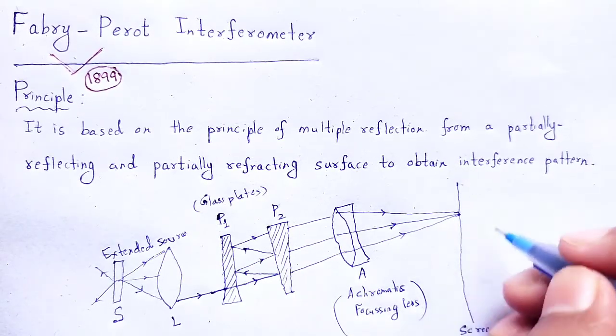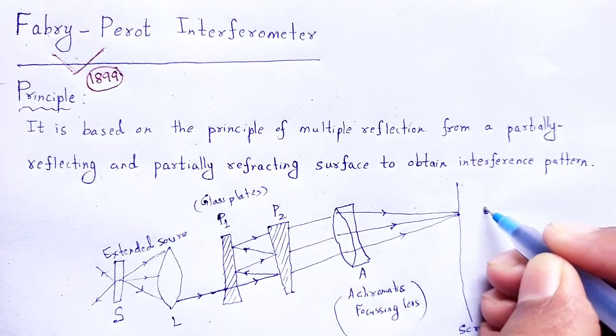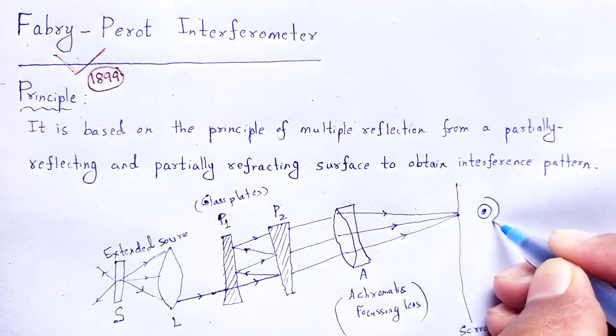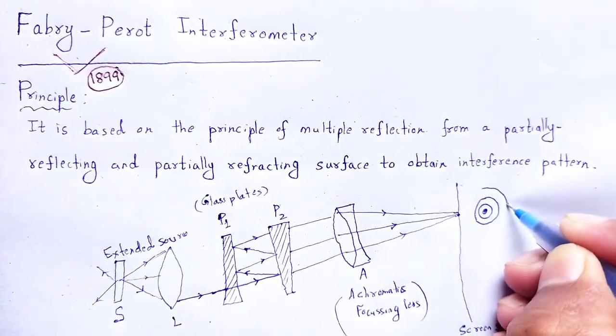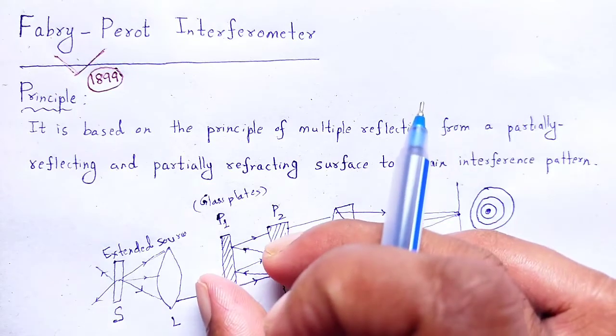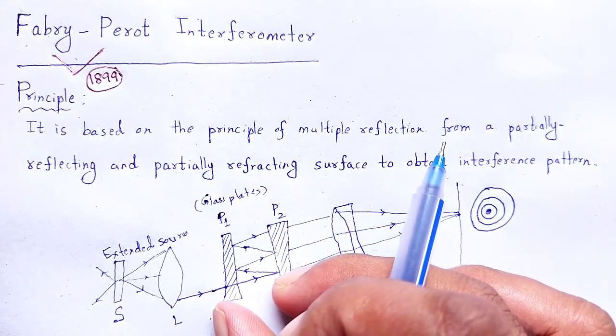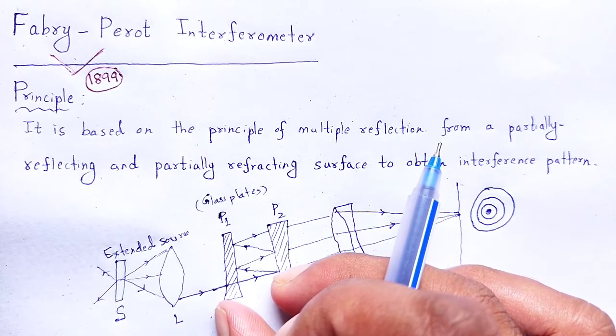And here we observe the interference pattern just like circular rings. Alternate dark and bright fringes are obtained due to the internal reflection in between these two glass plates, which act as thin air film.